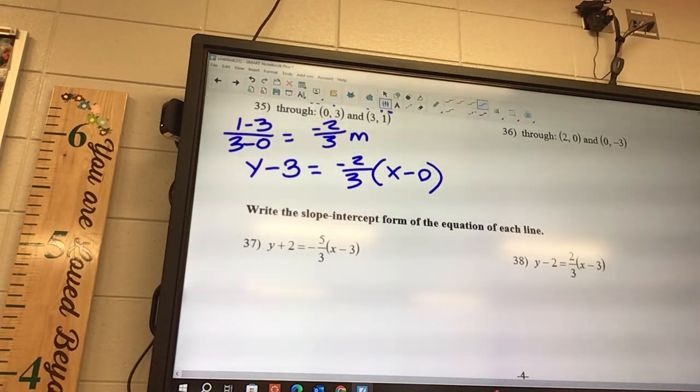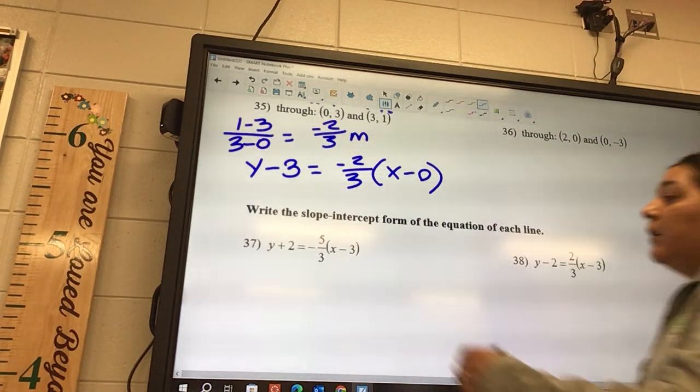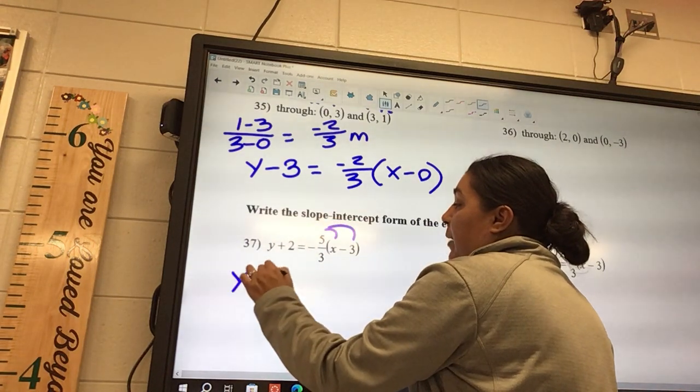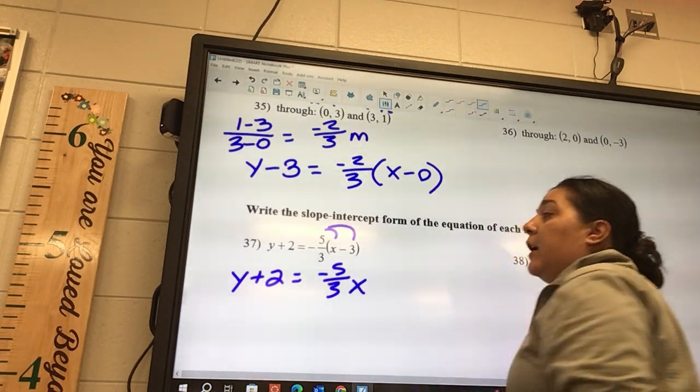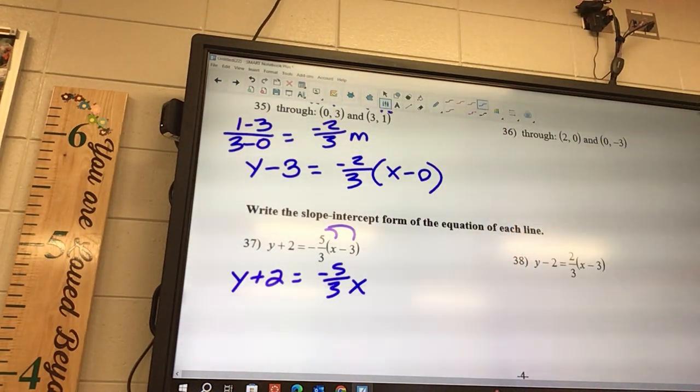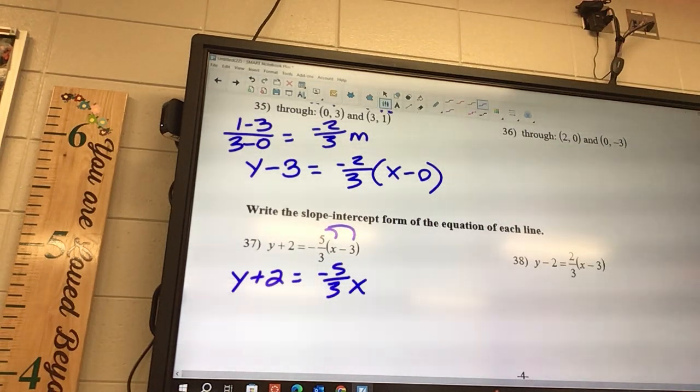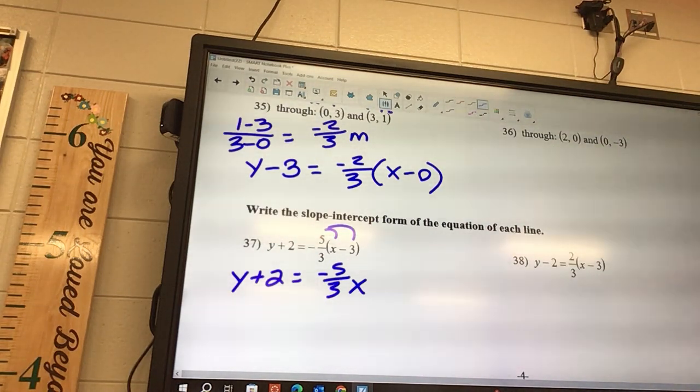Okay, and then last one, 37. Our very first step is going to be to distribute. So we're going to have y plus 2 equals, the first part is going to be -5/3x for sure. Okay, what is -5/3 times -3? Type it on your calculator. -5/3 times -3. 5.